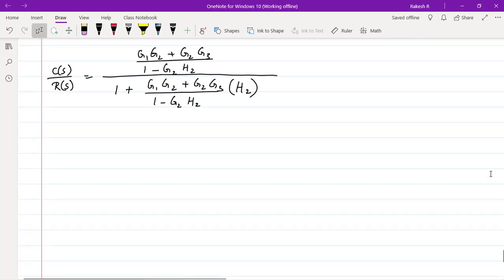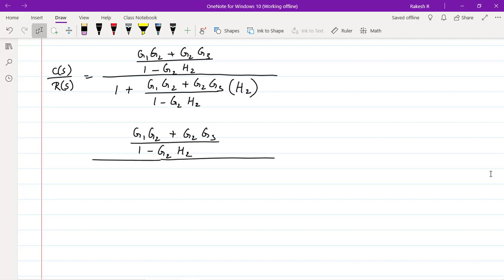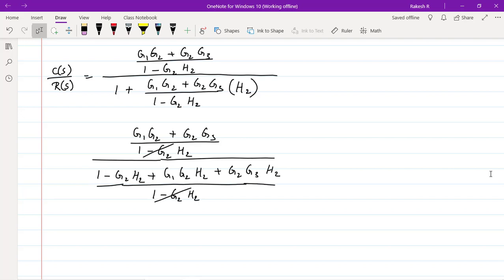further. I'll write the numerator as it is: G1 G2 plus G2 G3 divided by 1 minus G2 H2, whole divided by, I'll take LCM, it is 1 minus G2 H2 plus, I'll multiply H2 inside this, that is G1 G2 H2 plus G2 G3 H2, whole divided by 1 minus G2 H2 here. So these two will get cancelled out.